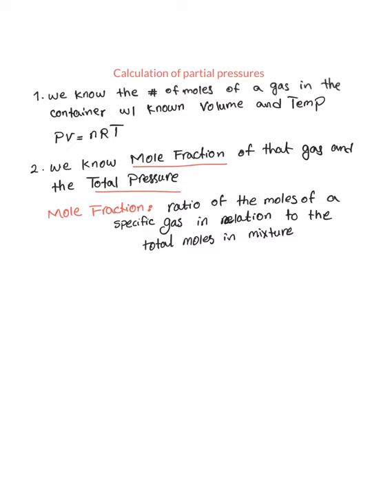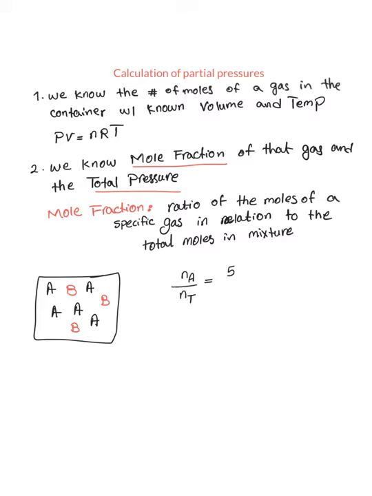Now, imagine we have a container and we have different moles of components, like 5 moles of component A and 3 moles of component B. To calculate the mole fraction for component A, we simply need to divide the number of moles of A, which equals 5, by the total number of moles, which is 5 plus 3, 8, gives me 0.625.